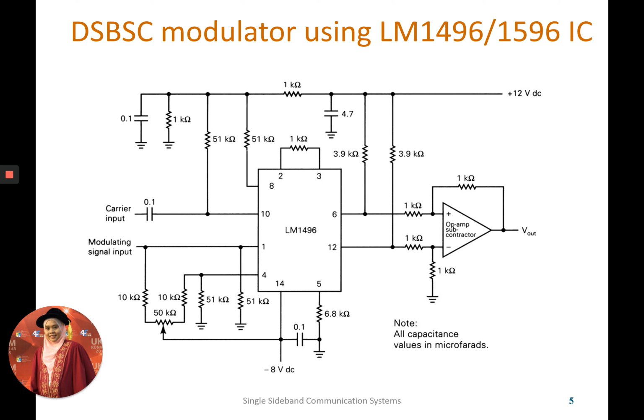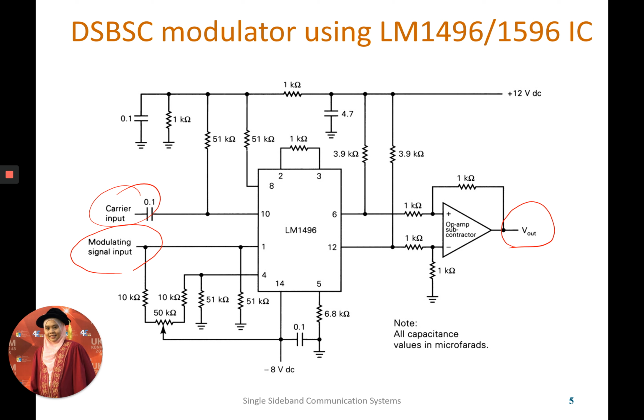Using this 14 pin IC, basically we can build what we call a transmitter. So we have the modulating signal input over here, and then the carrier input over here. The IC will modulate these two signals and produce an output which will be the single sideband AM signal.